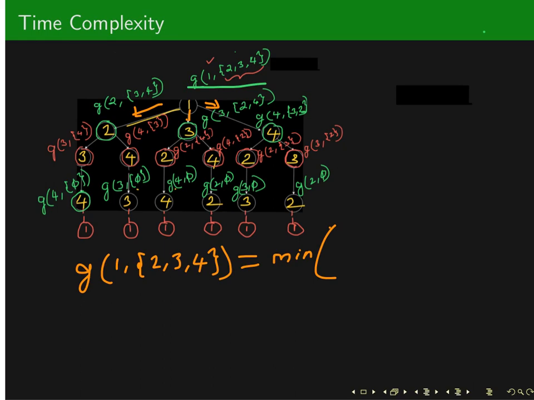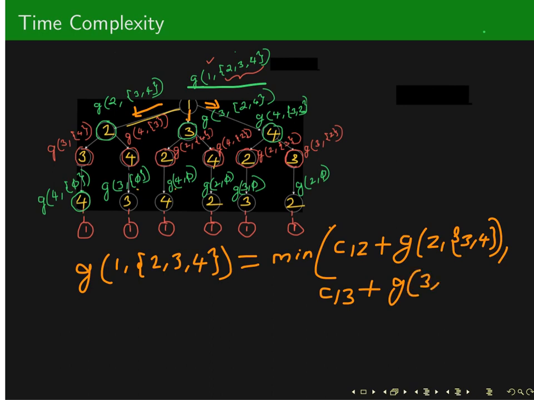So the recursive definition would be, if I am representing C12 as the cost of going from 1 to 2, then I can write C12 plus, again the min cost at 2 is defined to be g of 2 comma 3 4. So I can write g of 2 comma 3 4. The next way is c of 1 3 plus g of 3 comma 2 4.